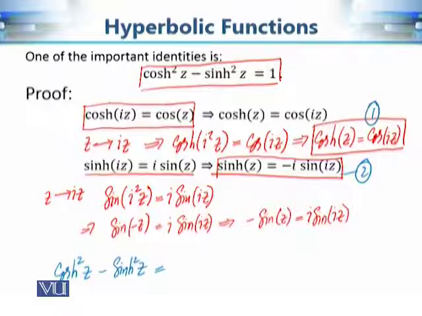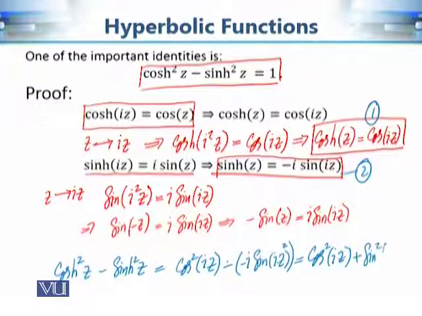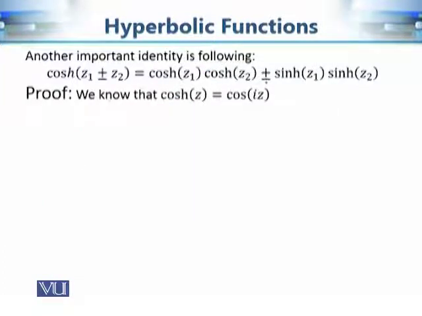So this is going to be equal to cosine square iota z minus iota sine iota z squared, which is going to be equal to cosine square iota z, and this is iota square, so it becomes minus, and this minus becomes plus, so what we get? Plus sine square iota z. And we know that for trigonometric functions sine square z plus cosine square z is equal to 1, so this is equal to 1.